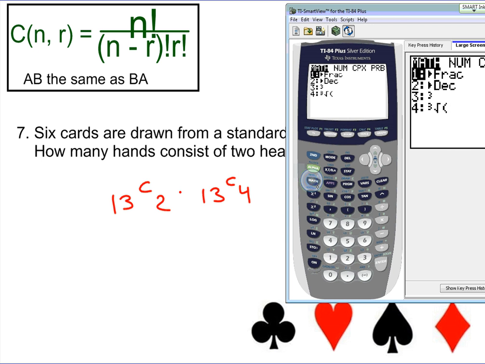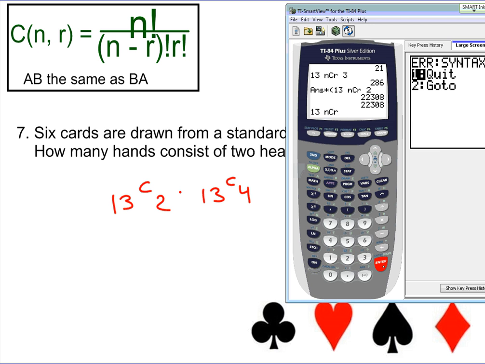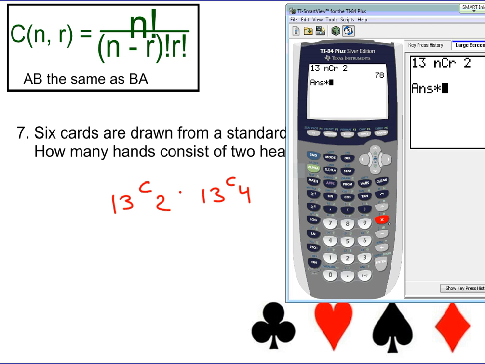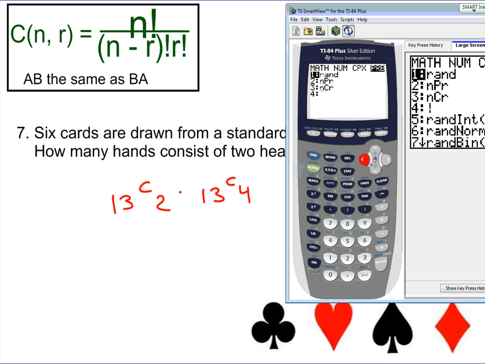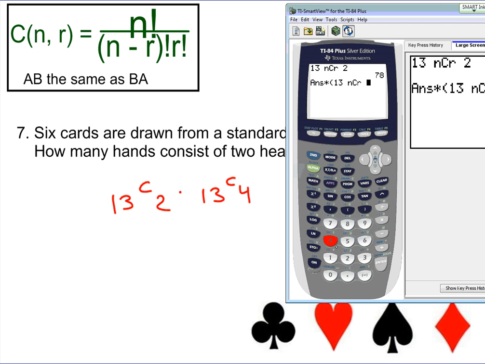So 13, math. Oops, hit that button a little too quick. 13, choose 2 times, and in parentheses, 13, choose 4. So that's going to be 55,770.